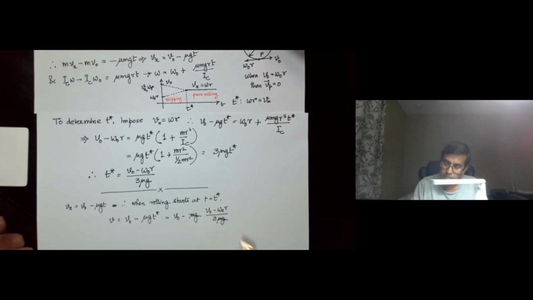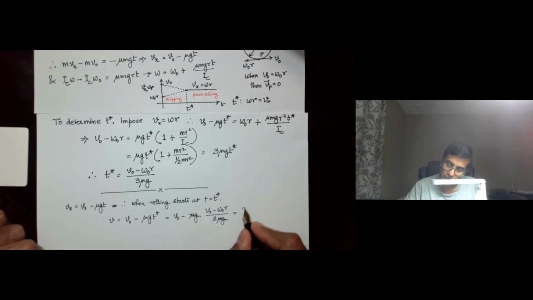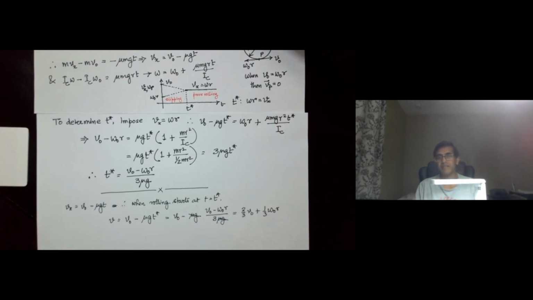So we cancel the mu g's from the numerator and denominator, and we have v naught minus 1/3 v naught, so 2/3 v naught plus 1/3 omega naught r.